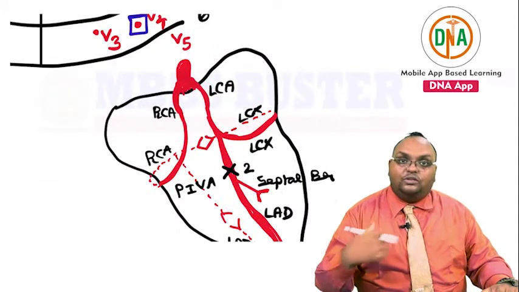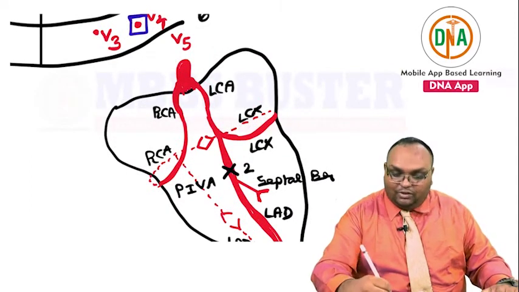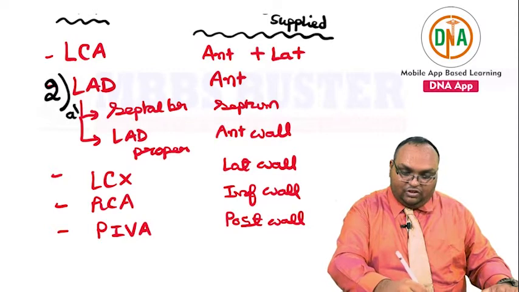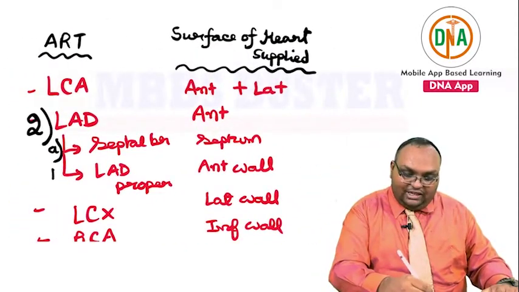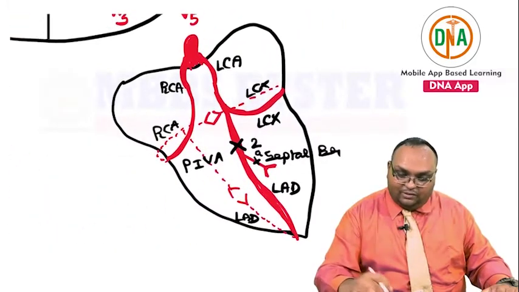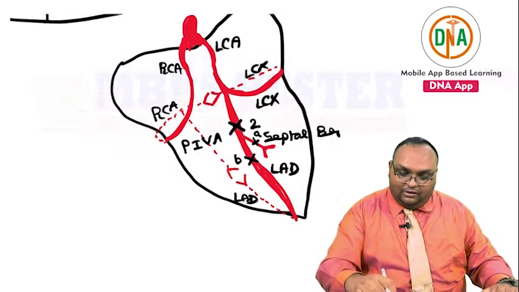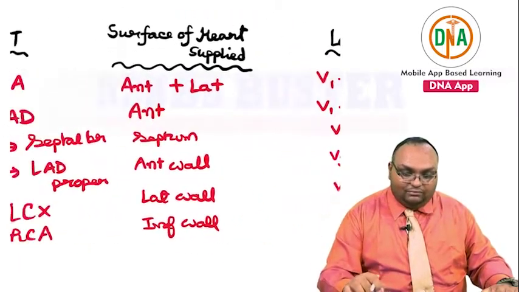If the block is proximal to the place where it gives off the septal branch, suppose just the septal branch is affected, then it is 2A, septal branch, V1, V2, 1, AVL. Suppose just the LAD proper distal to where the septal branch has been given off is affected, you would have 2B, it would be V3, V4, 1 and AVL, right?